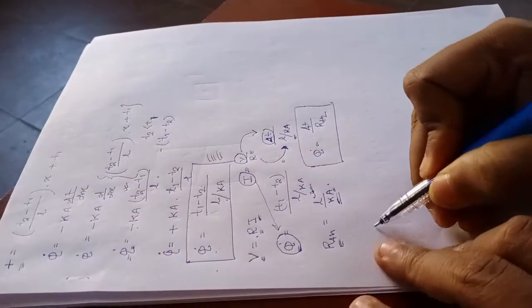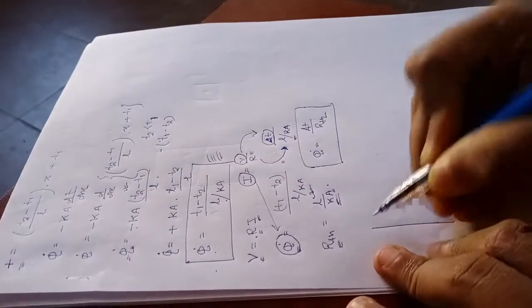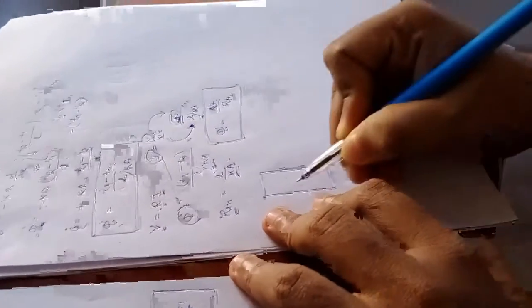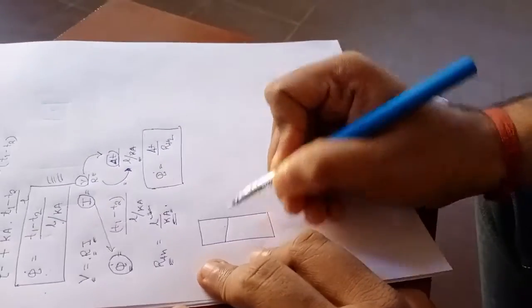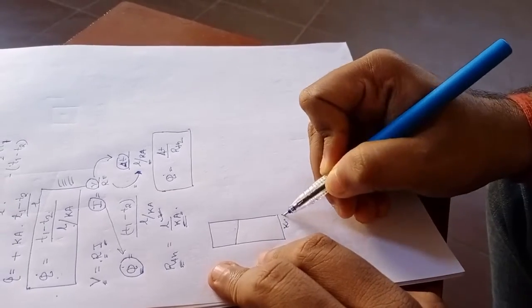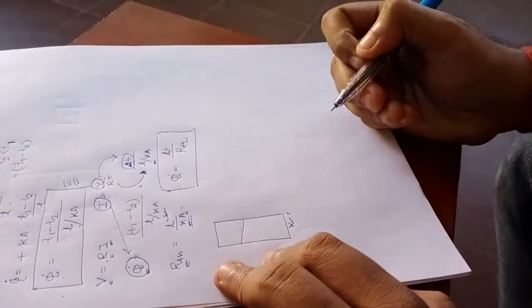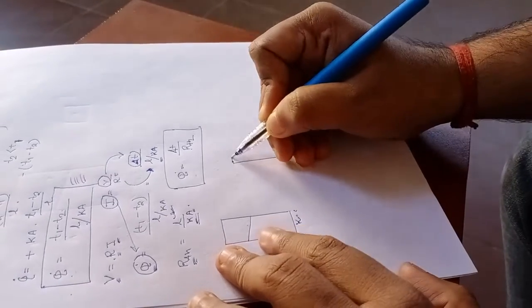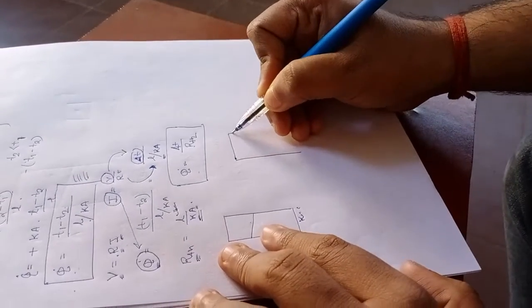We have done this analysis for a plane wall, where heat flows from this direction to this, and K is constant, so we get this. Now what happens if the wall is composite?